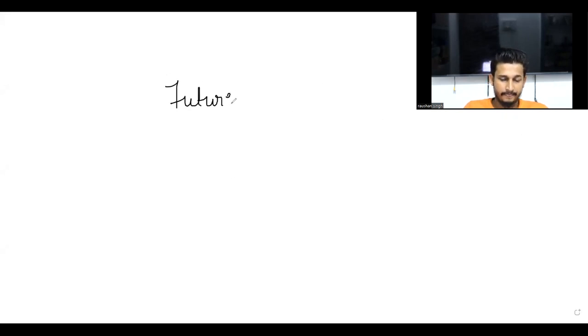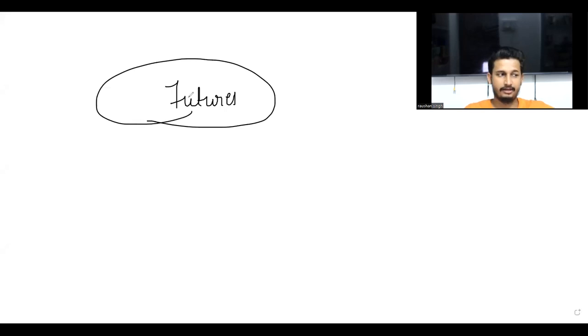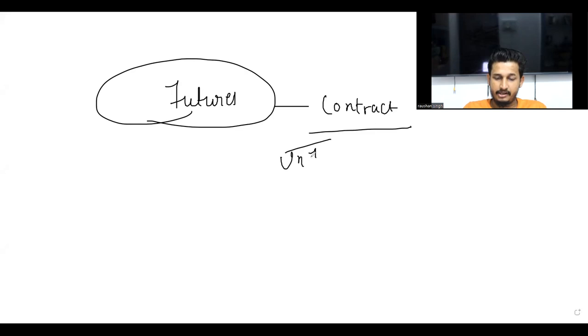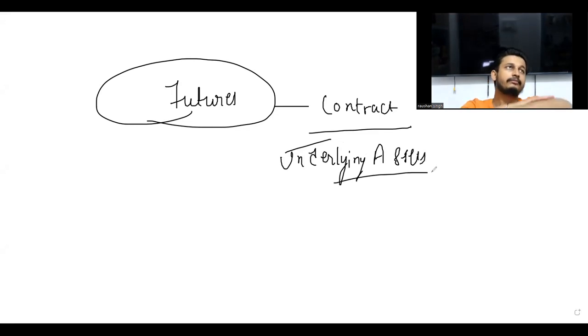Now, what is this futures? Let's understand that. A future is nothing but a contract whose value is determined by its underlying assets. In a simpler way, let's take an example.